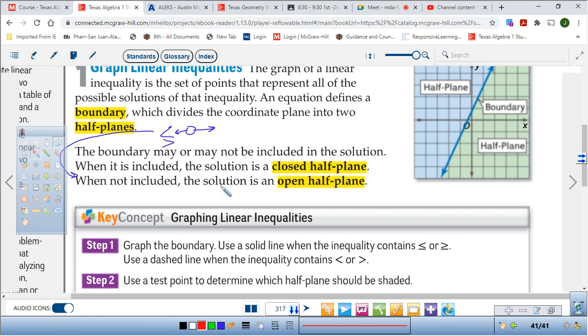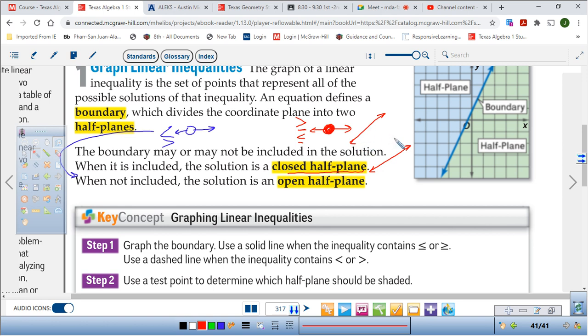When it's included, we have this shaded in, for the greater than or equal or less than or equal, and then the line going that way or that way. Well, for this stuff here, when we draw the line, it's going to be a solid line if it's included. If it's included, solid line.